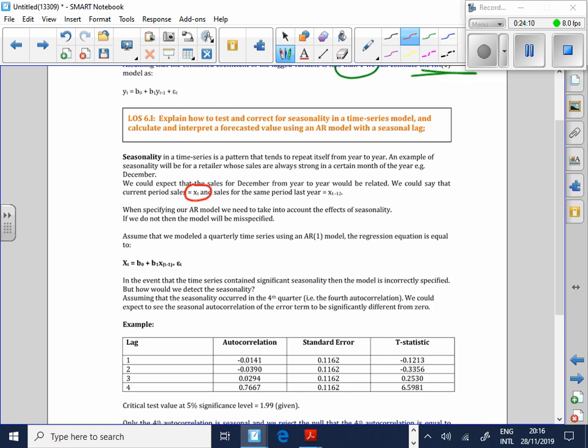Not XT minus 1, because then I'm comparing XT, which is December, to XT minus 1, which is November. What do I want to compare December to? Last December. Now you see why I use XT minus 12, because in seasonality, that's the better comparison. Does that make sense?